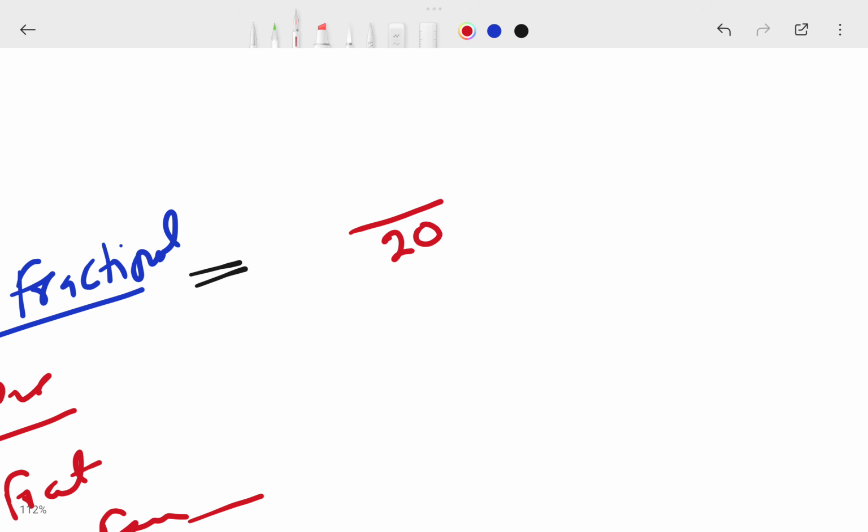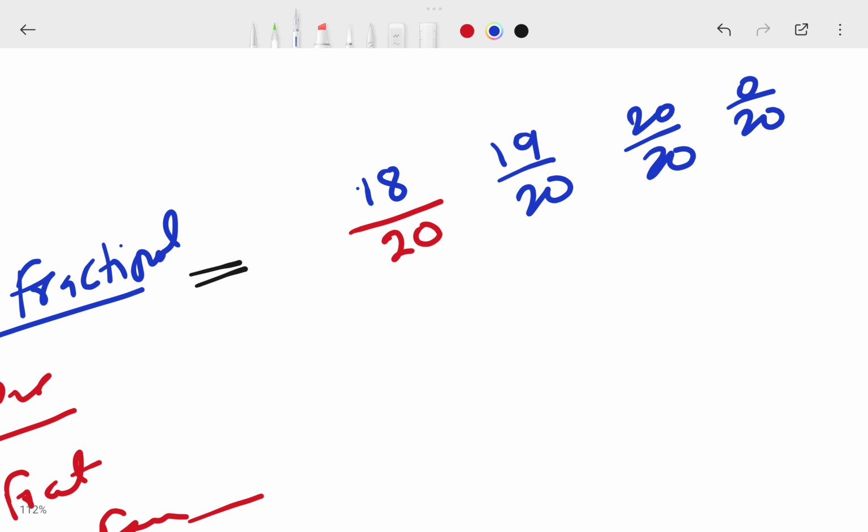In this test, some student will get 18 out of 20, some student will get 19, some student will get 20 by 20, and someone may also get 0 by 20, someone may get 2 out of 20.